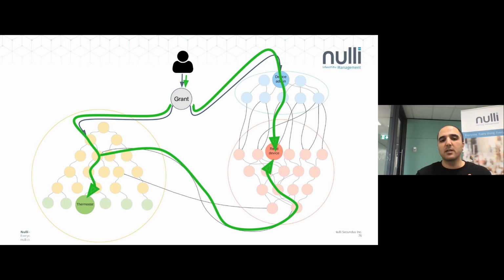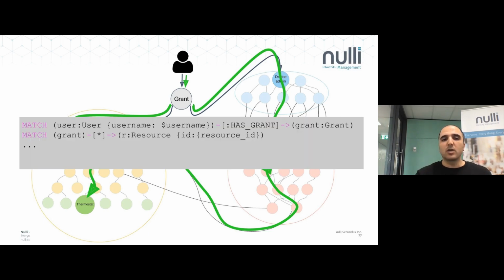And this is basically our access policy. You can now write a simple Cypher query to find all these paths and, in general, find this subgraph. And if that is successful, then access can be granted. This means that all these access policies that you may have are all Cypher queries, different Cypher queries.